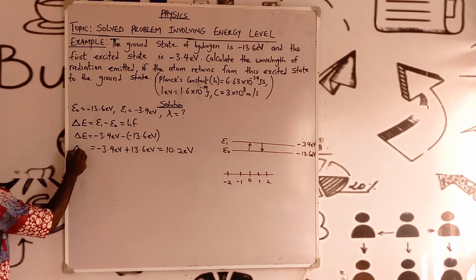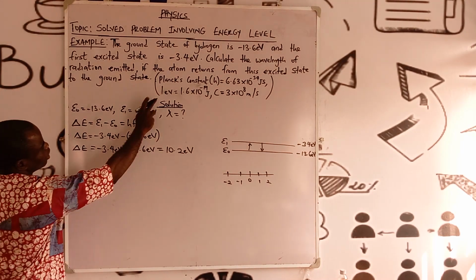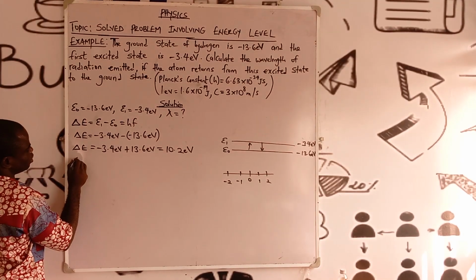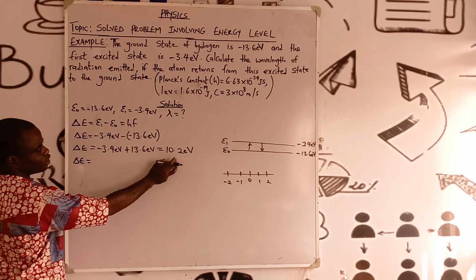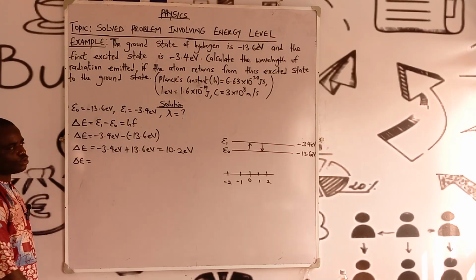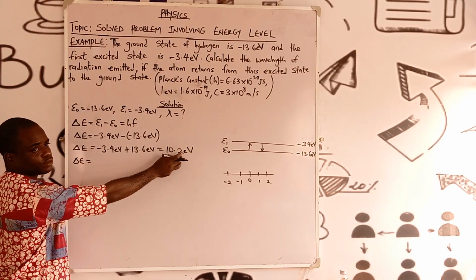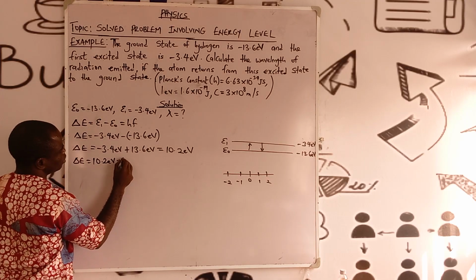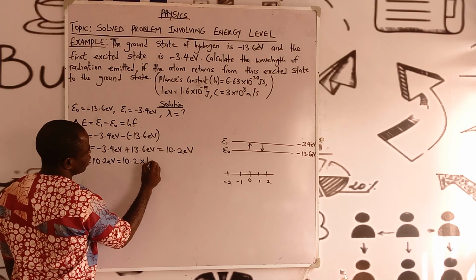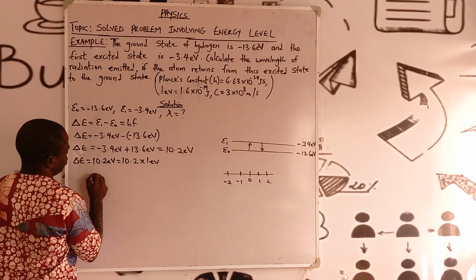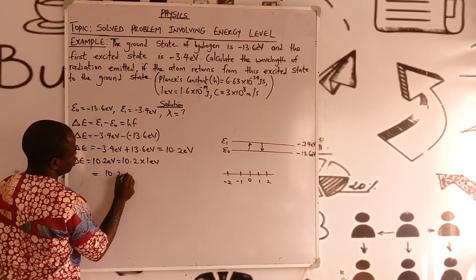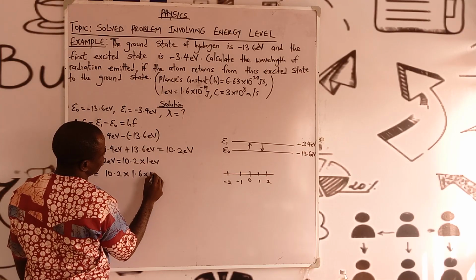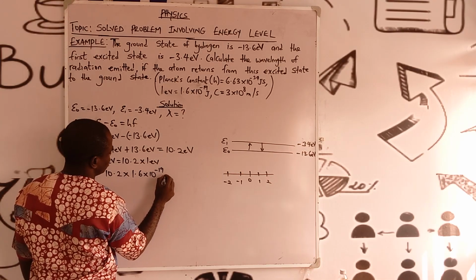Don't forget that energy is in joules, and 1 electron volt is equivalent to 1.6 times 10 to the power minus 19 joules. For the change in energy, you have to convert it to joules. Some students make the mistake of using it directly, which is very wrong. That's 10.2 electron volts equals 10.2 times 1 electron volt, which is 10.2 times 1.6 times 10 to the power minus 19.